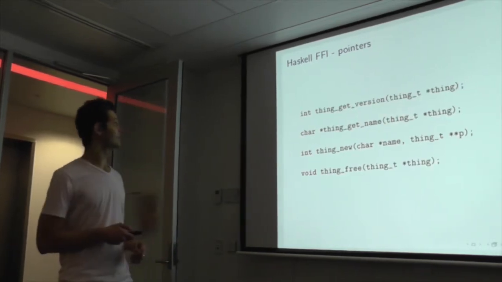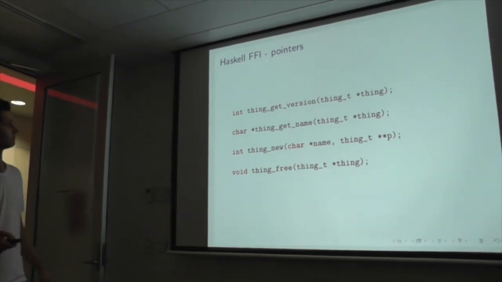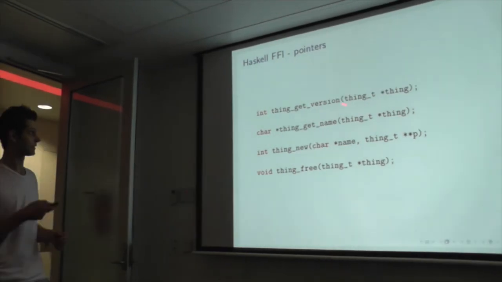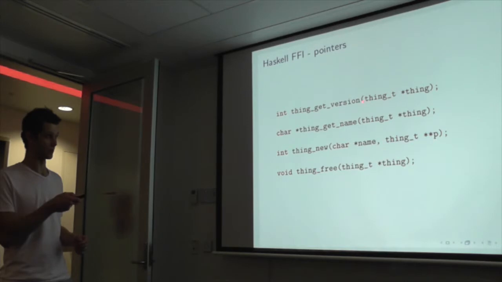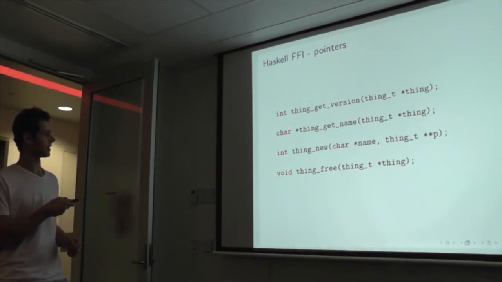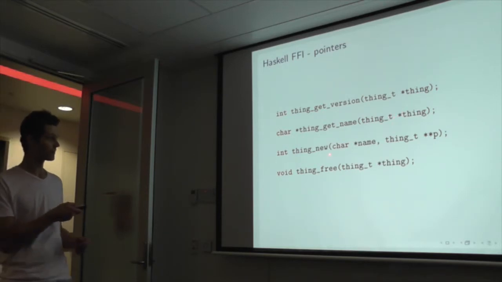Okay, so pointers. This is just a made-up C library. So thing get version, which takes a pointer to a thing T, a thing type, just an opaque type. Char pointer, it's a C string. Thing get name, get the name of the thing out of the thing, and you pass a pointer to the thing. Thing new, what's this?